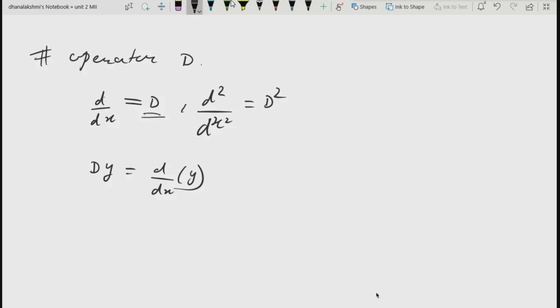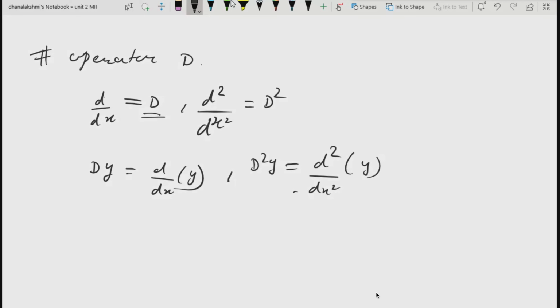Similarly, if I write D square y, what does this mean? This means that I am differentiating y with respect to x 2 times.